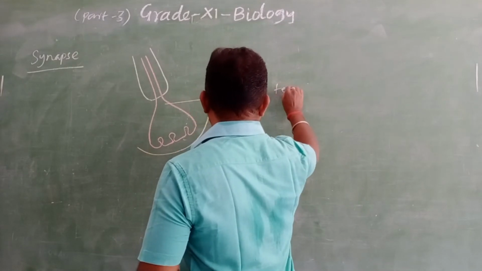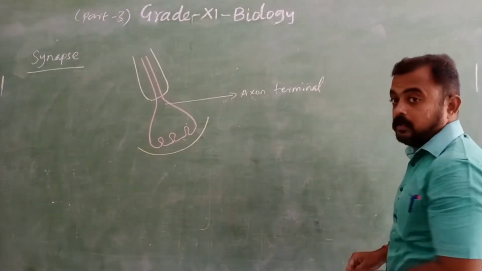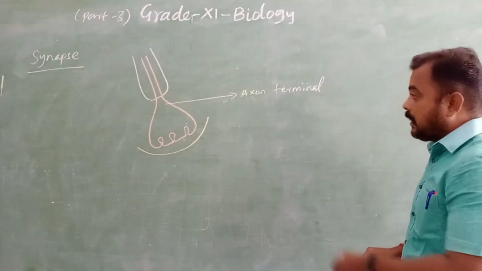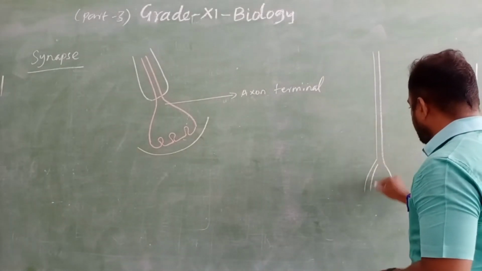Which part can you recognize? So the axon is present, and finally we have the axon terminal.